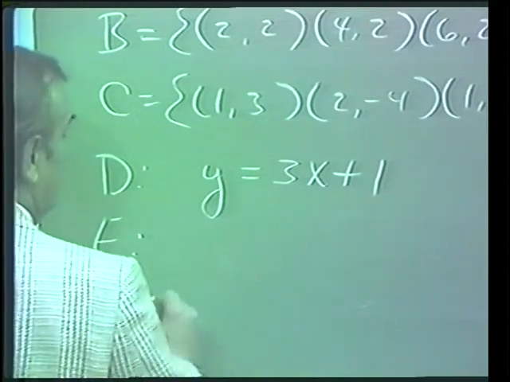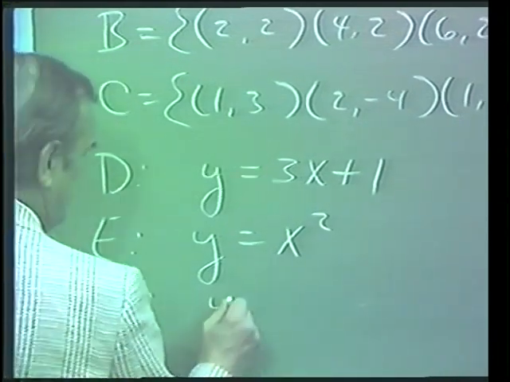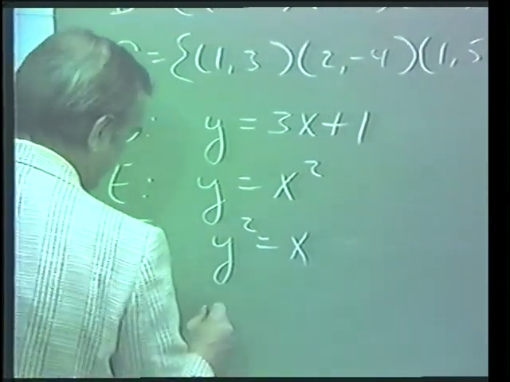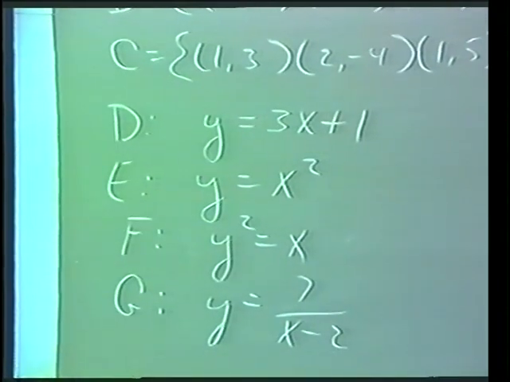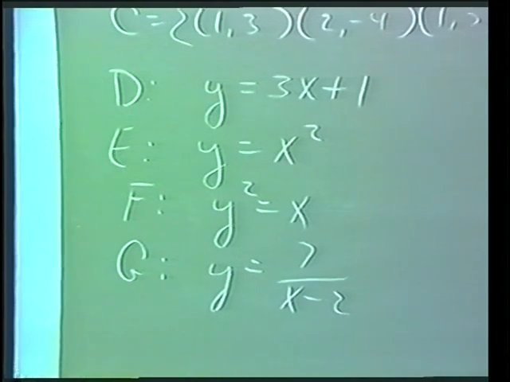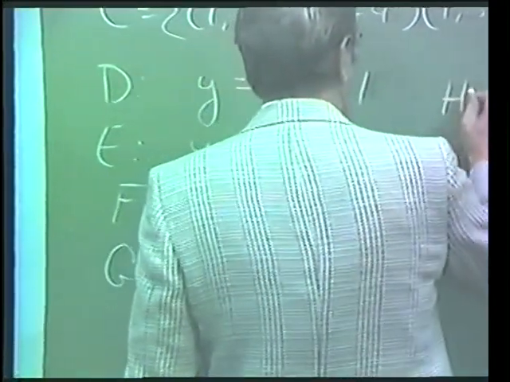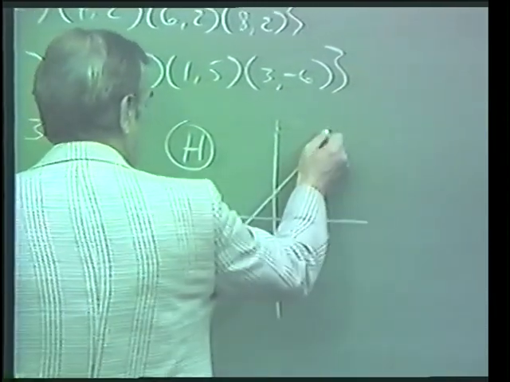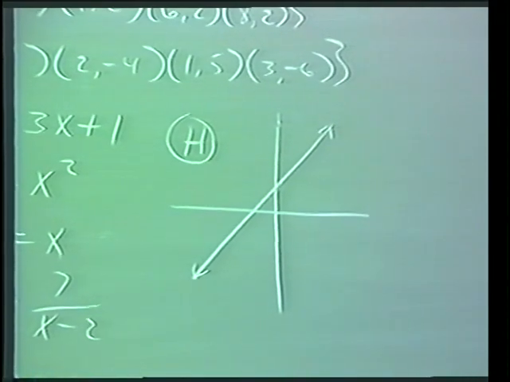Likewise, E is a relation. F is a relation. And G is a relation. These are all sets of ordered pairs. H. Is H a relation?